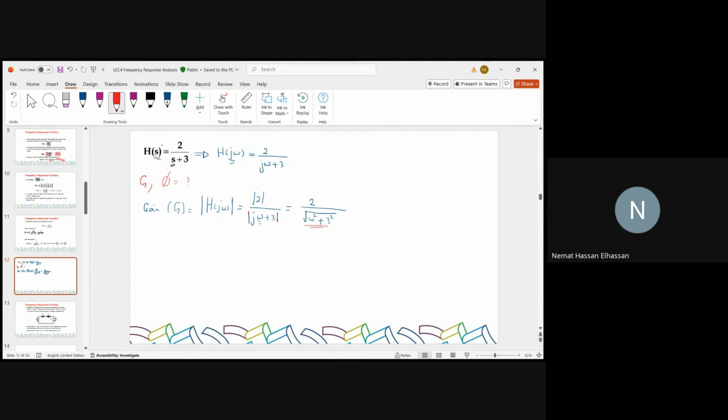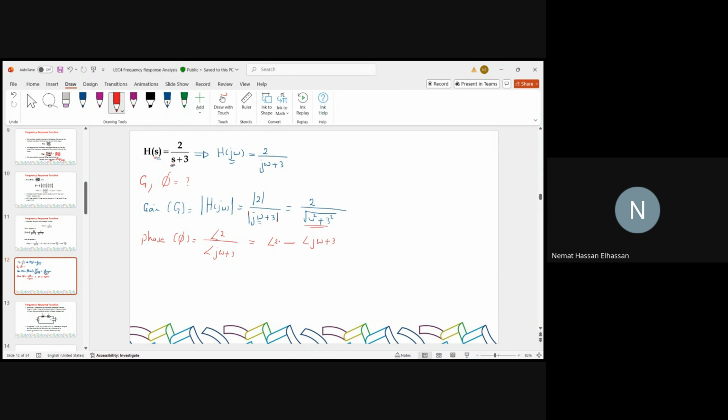If I want to evaluate the phase, which is phi or theta, it is equal to the phase of 2 divided by j omega plus 3. In complex numbers, if you have a fraction and you want to evaluate the phase, it will be the phase of 2 minus the phase of j omega plus 3. Remember that the phase of a complex number is tan inverse of the imaginary over the real.